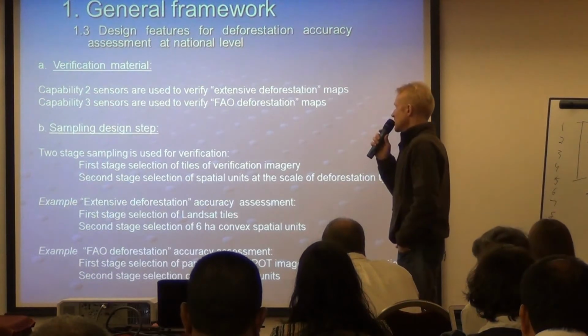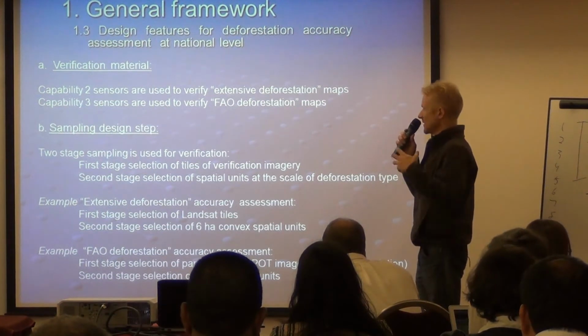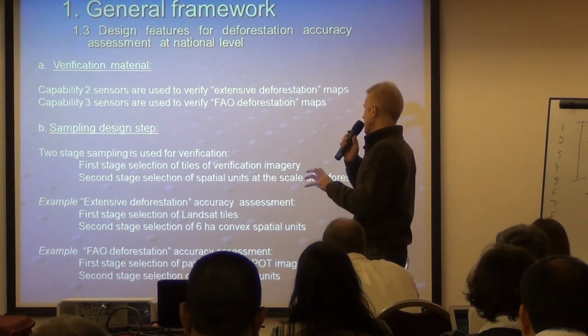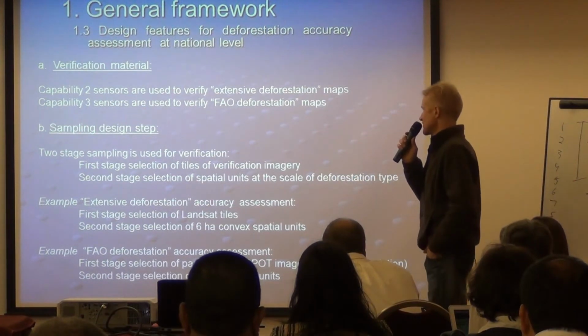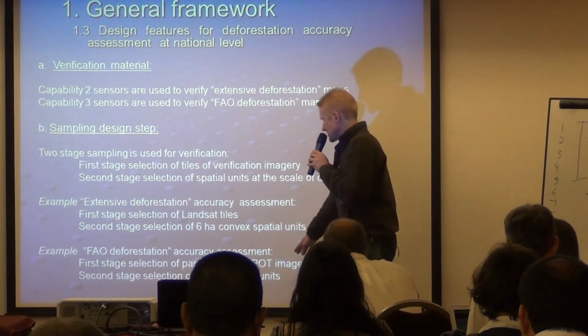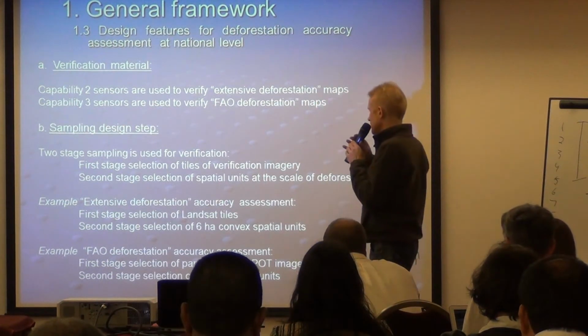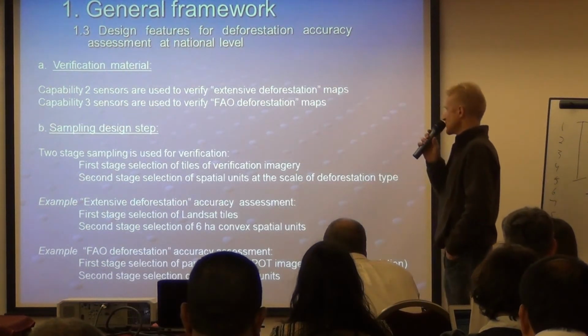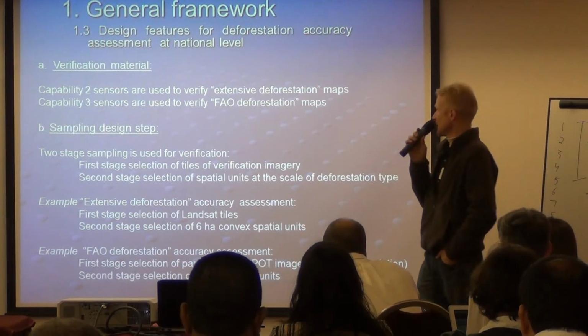Second stage selections, selections of spatial units in the second stage of the sampling design. And in the case of FAO deforestation, these spatial units would be 0.5 hectares.